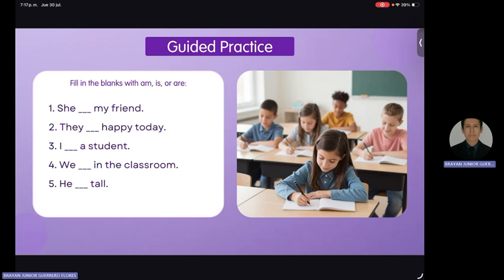Remember, with the short form, you have to use the apostrophe with the m. Number four: we are in the classroom. Very good, excellent. Number five: he is so excellent. You are amazing students. Very good, excellent.